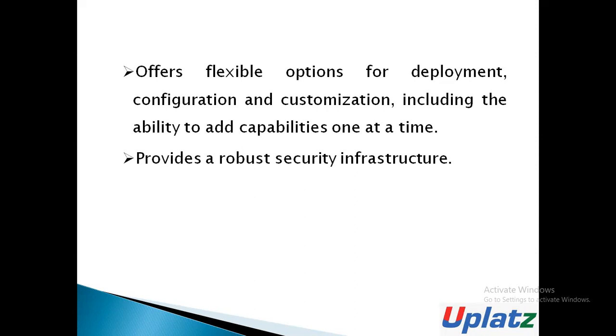Whenever we receive a file from a trading partner, it checks whether the file is coming from a trusted partner or is an intruder or a cyber attack. Only if it is a trusted partner will it allow the document to enter our Sterling Integrator network. In that way, it provides a robust security infrastructure.